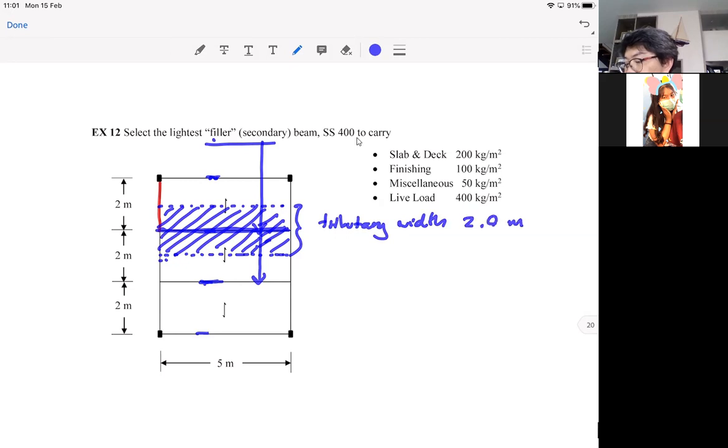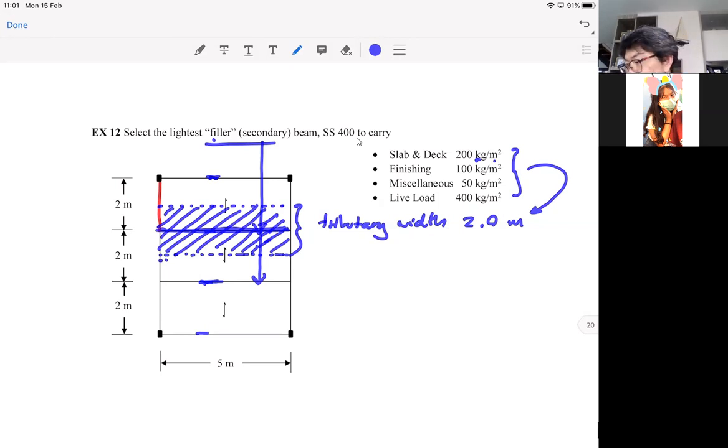Two meters. Okay, this is the list of the load that this beam has to carry on this tributary width. Notice that the load is in load per area. If you multiply it with the tributary width, you will get the uniform load acting on your beam.